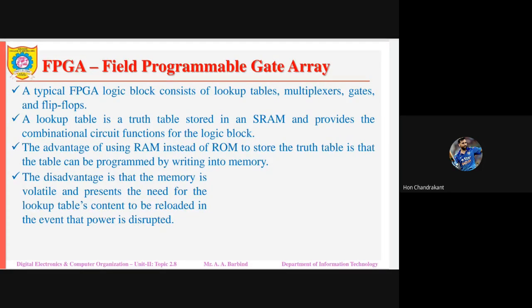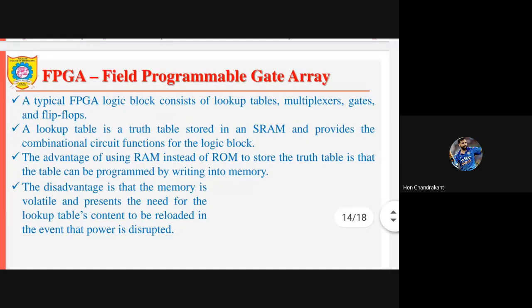The advantage of using RAM instead of ROM to store the truth table is that the table can be programmed by writing into memory. The disadvantage is that the memory is volatile and presents the need for the lookup table contents to be reloaded in the event that the power is disrupted.